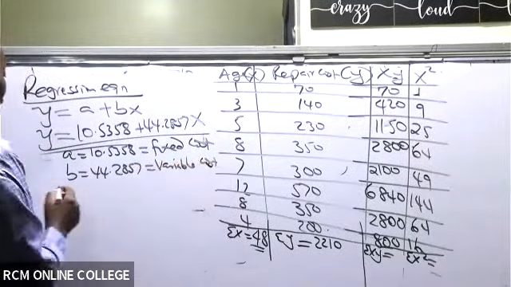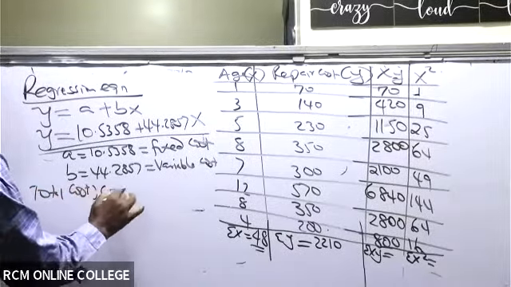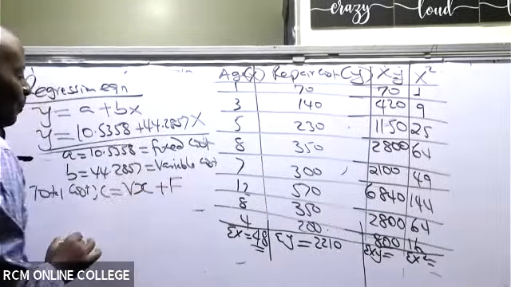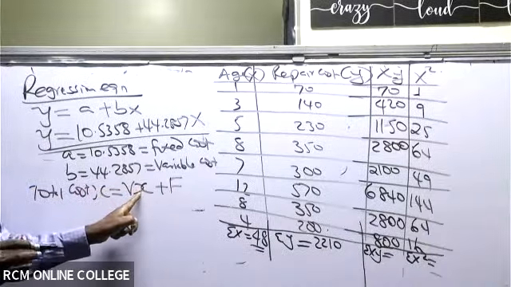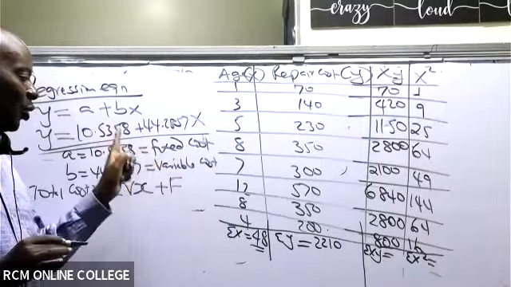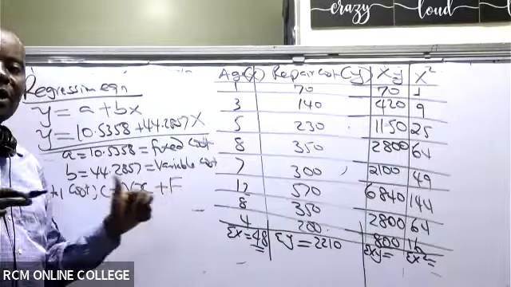Ladies and gentlemen, remember generally our total cost C equals Vx plus F. The one that has got X is what varies, so this is variable cost. And the one that is independent of X is what we call fixed cost.